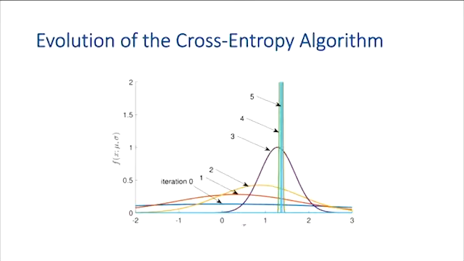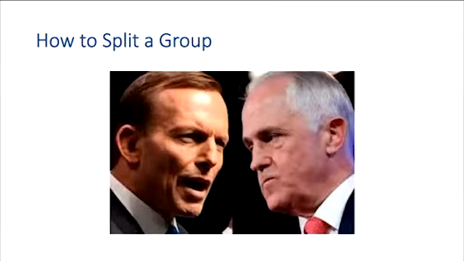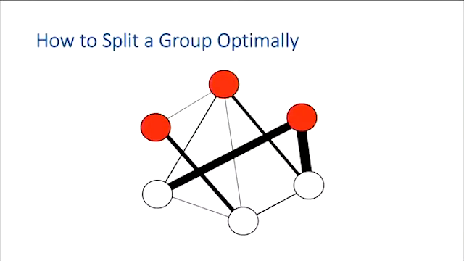So how do you split a group optimally? Suppose that you have 6 people, and these people really hate each other's guts, and these people as well, and you want to have them in 2 different groups.